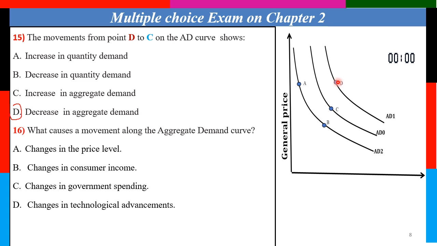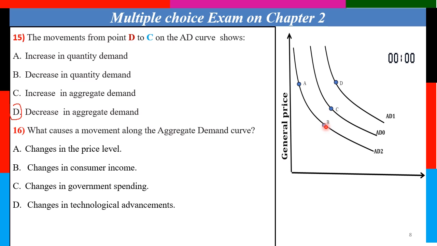When the aggregate demand shifts to the left means the aggregate demand is what? Decrease. Not decrease in the quantity. Decrease in quantity is what? Movement is along the same curve.